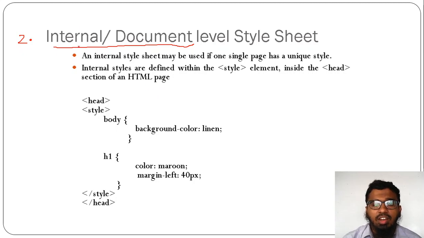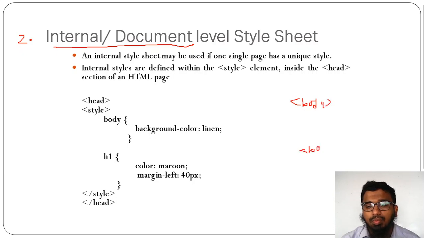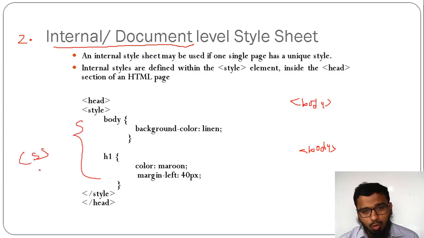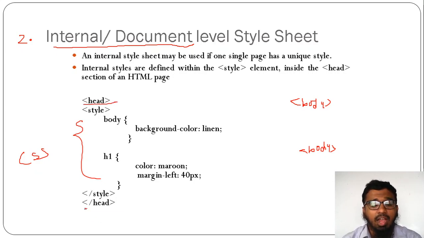When you are giving the internal level style sheet, you cannot write inside the body tag. Whatever CSS code you are writing should be written in the head tag, and in the head tag you need to take the style tag.